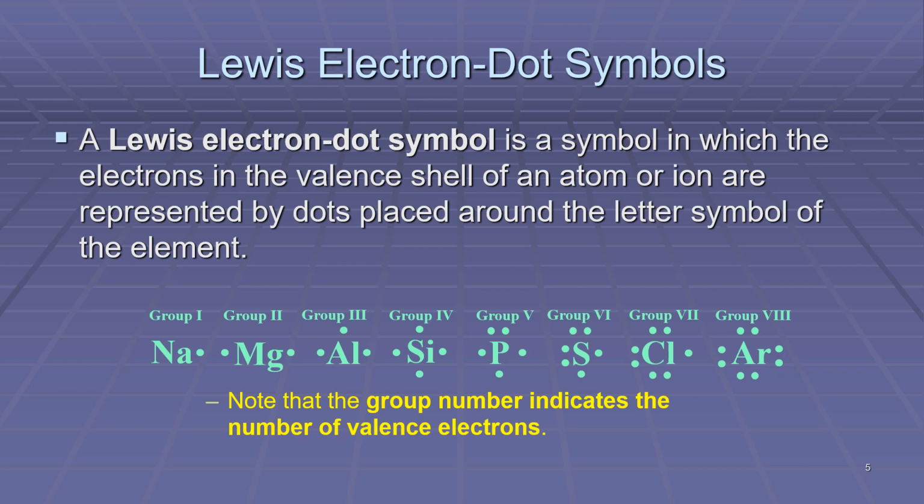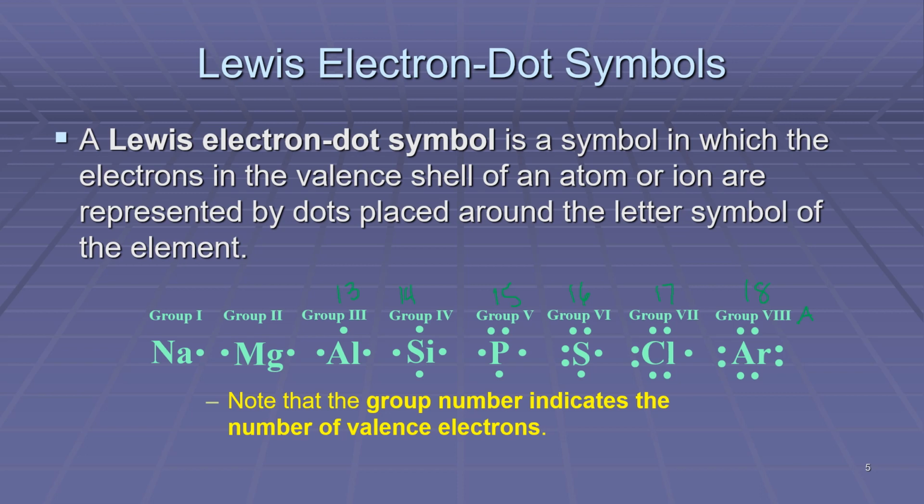If we're in group 1, there's 1 valence electron. If we're in group 2, there's 2 valence electrons. Group 3 has 3. Group 4 has 4. These are the A groups. So this would also be group 13, 14, 15, 16, 17, and 18.